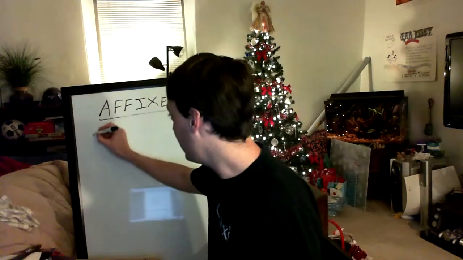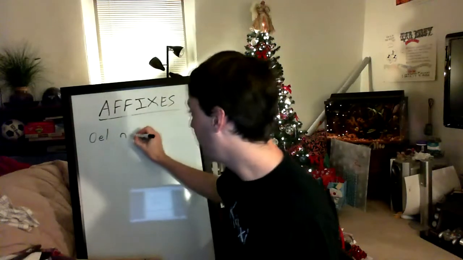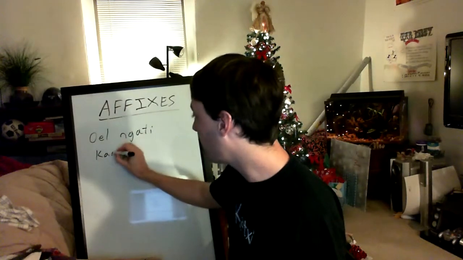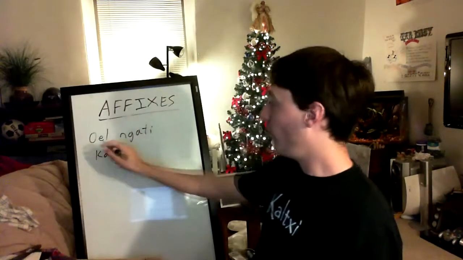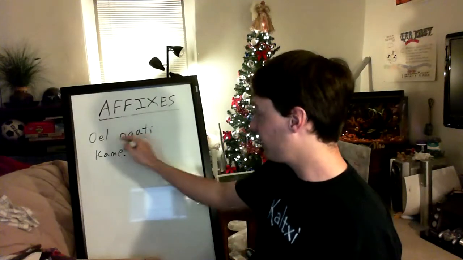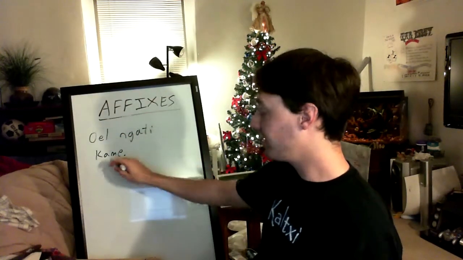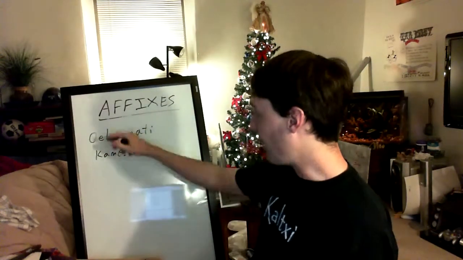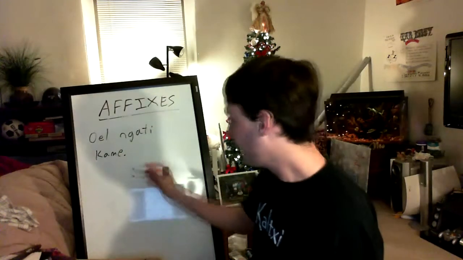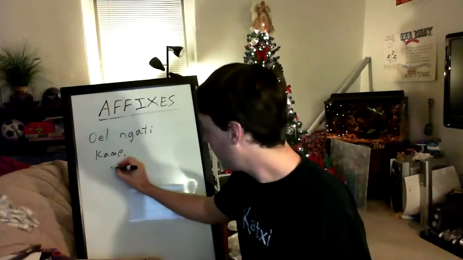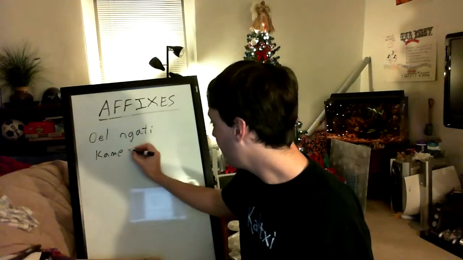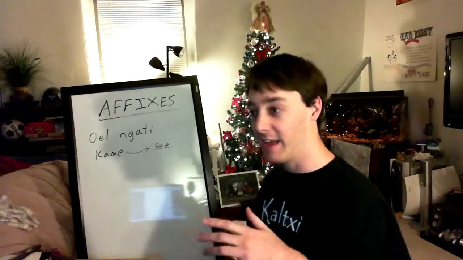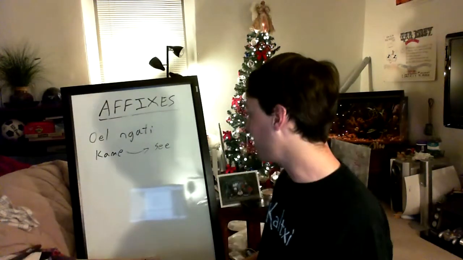So remember, I see you is "oel ngati kame." Now this is I, you, see. And so kame is a verb, to see. And this is not I see you literally. This is I see you spiritually. I understand you. That sort of thing.